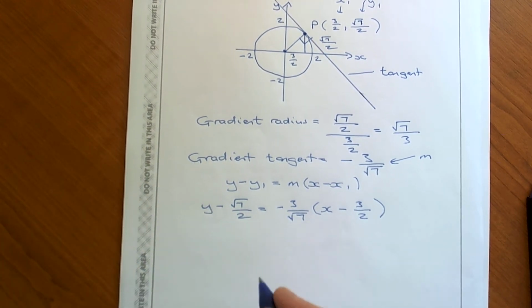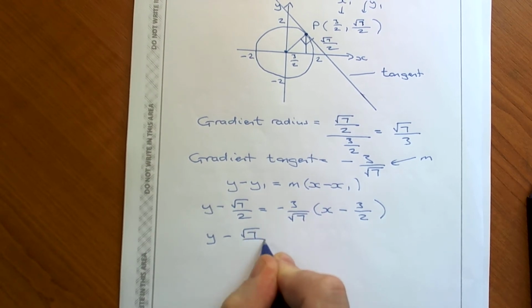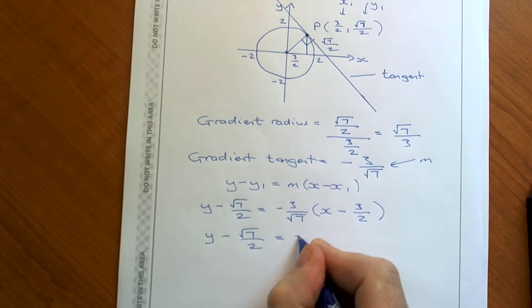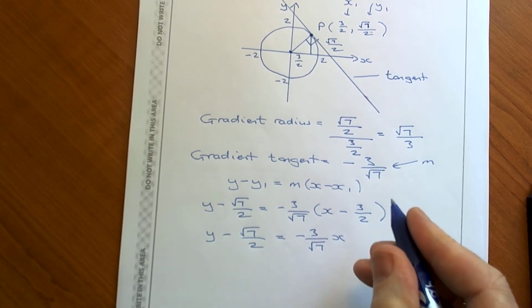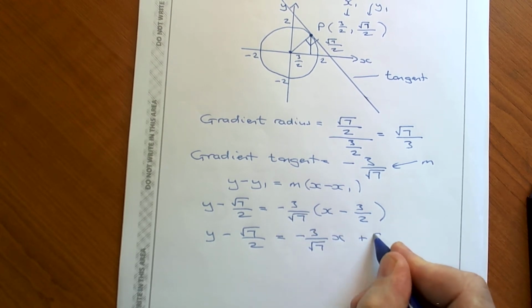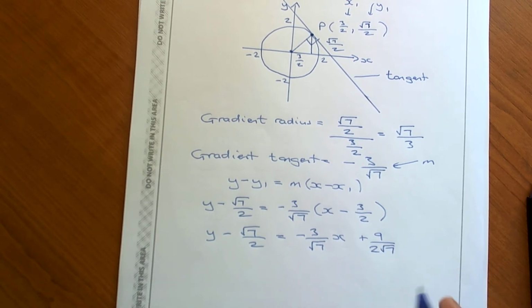So if we just tidy this up a bit, we can get y minus root 7 over 2 equals, multiply these brackets out, so we're going to get minus 3 over root 7 x, and then here minus 3 times minus 3 will give plus 9 over 2 root 7.